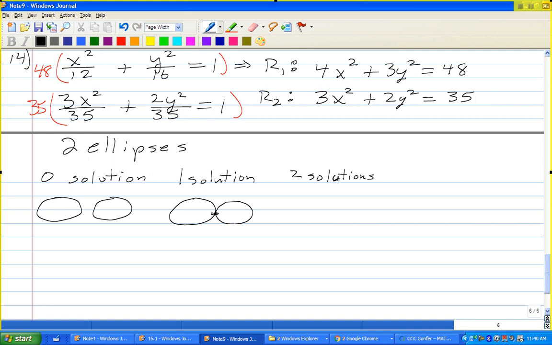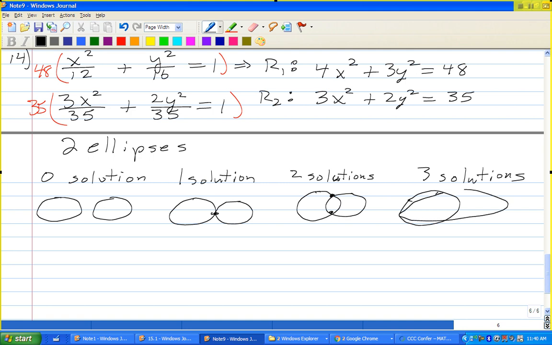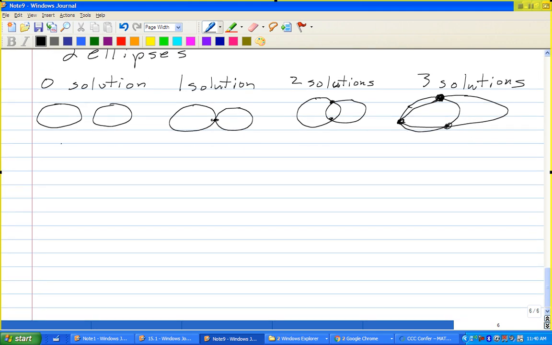Ellipse, another ellipse. You could have the case of 3 solutions. Let's see, ellipse, ellipse. So 1, 2, 3. It doesn't look very good, but 3 solutions. Or you could have the case of 4 solutions.